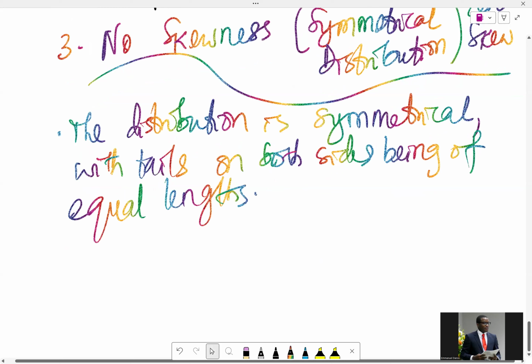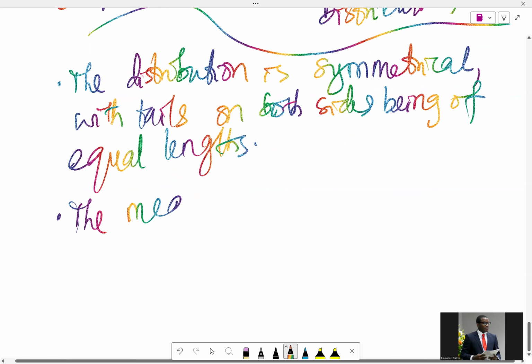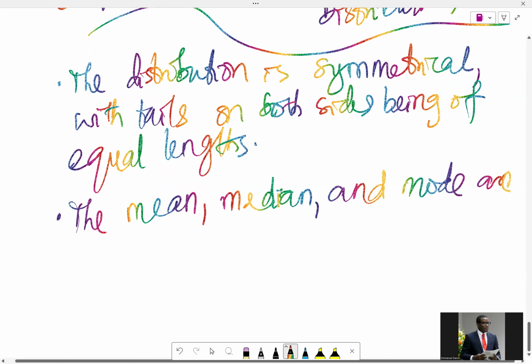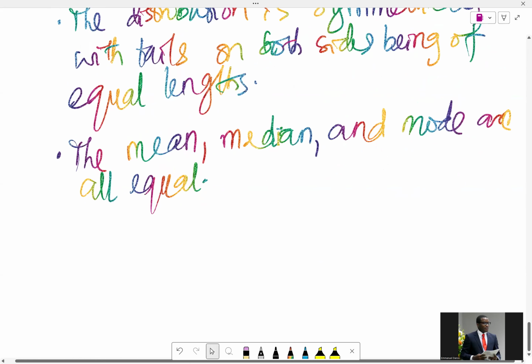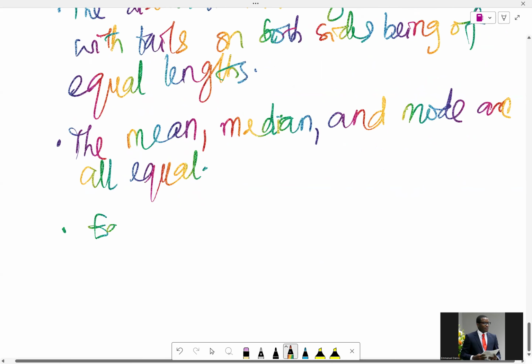Then the other point is that the mean, median, and mode are all equal. A good example of this would be what you get in normal distribution.